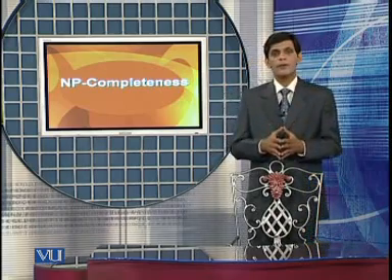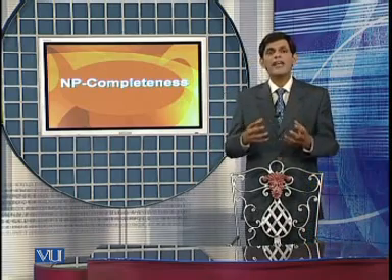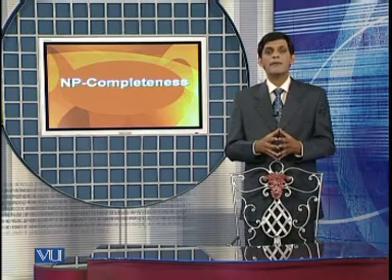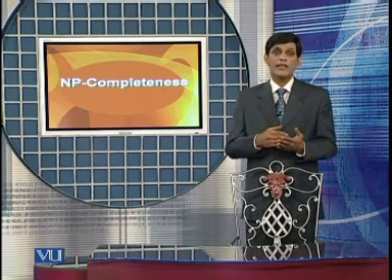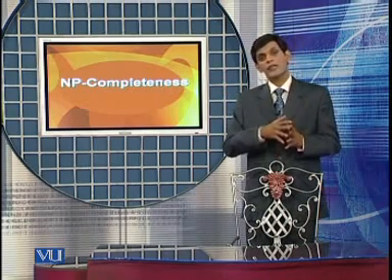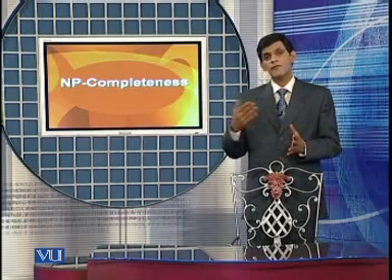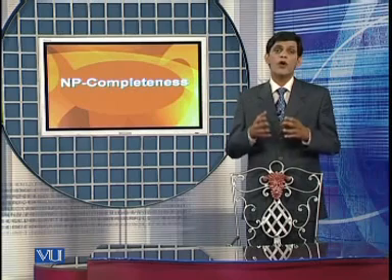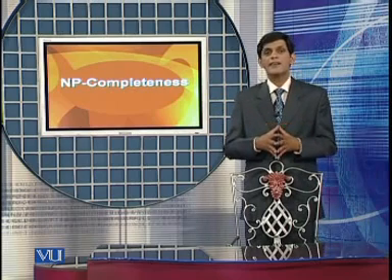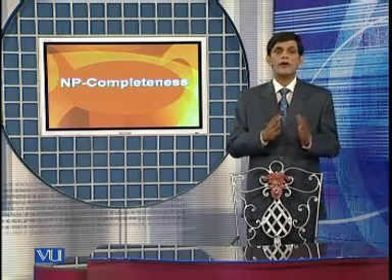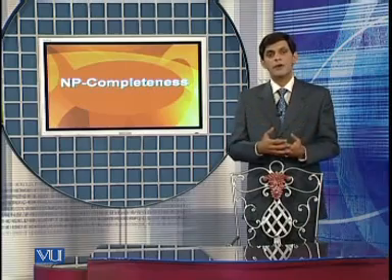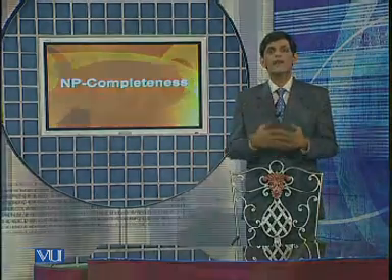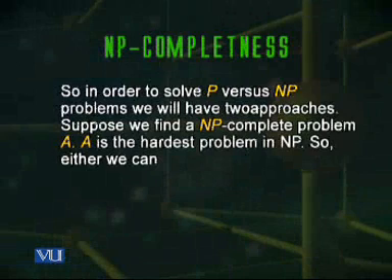Thus, these problems are extremely prized problems in the class NP in the following sense. If you really want to show that P is equal to NP, then find a polynomial time algorithm for one of these problems. If you want to look for a candidate and you want to prove that P is not equal to NP, then NP complete problems are the prime candidates for being out of the class P.